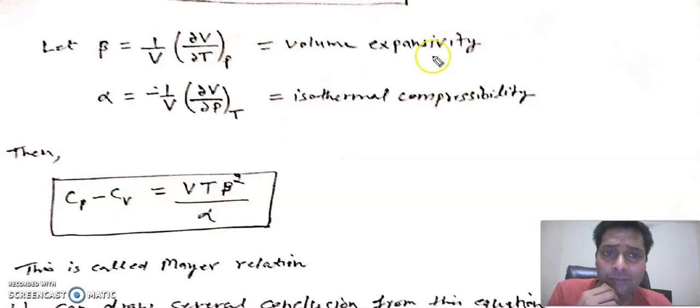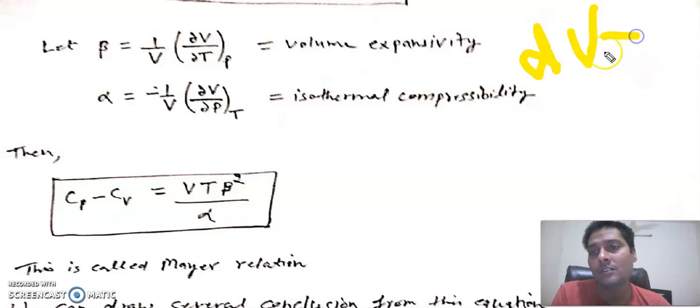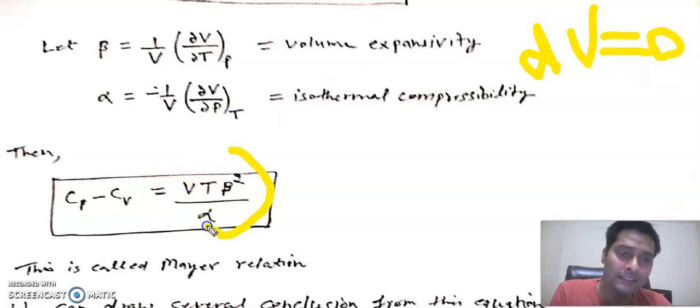For an incompressible substance, dV will be equal to 0. It means the right hand side will be 0 and Cp minus Cv will be 0. So for an incompressible substance, Cp will be equal to Cv.